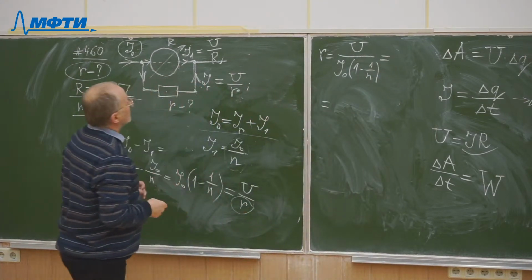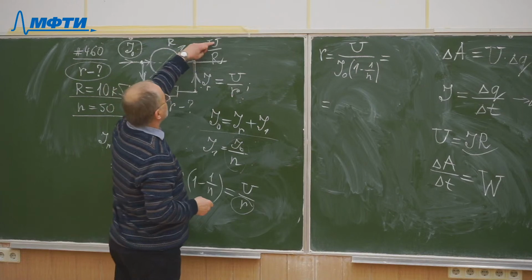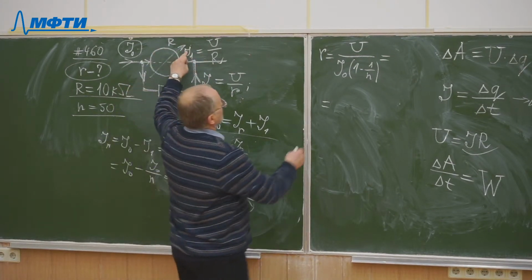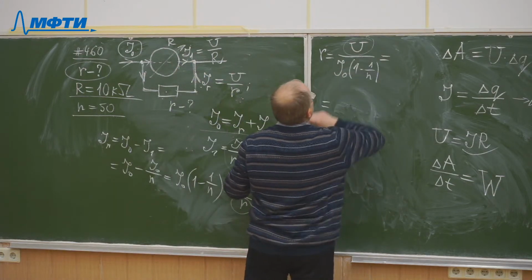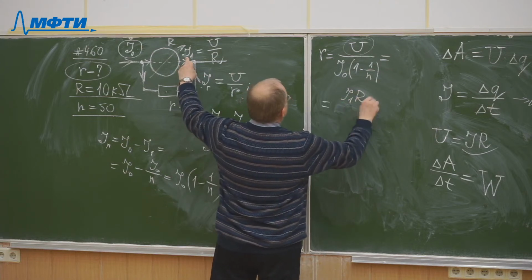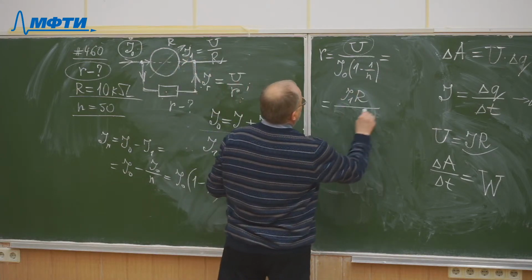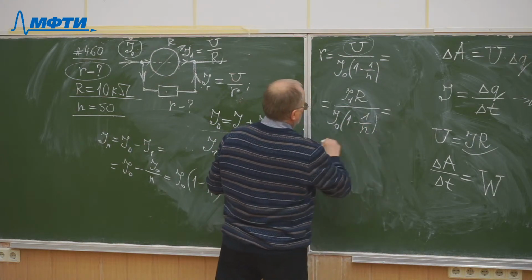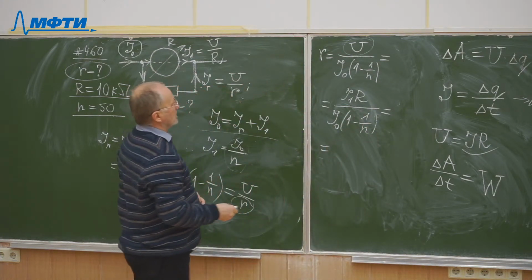And then U can be found from here. This potential difference is I1 times capital R, so R shunt equals capital R divided by I0 times 1 minus 1 over n.